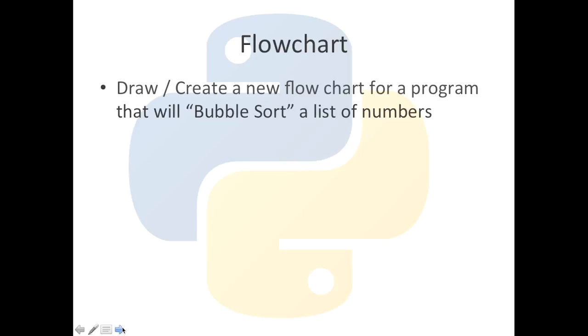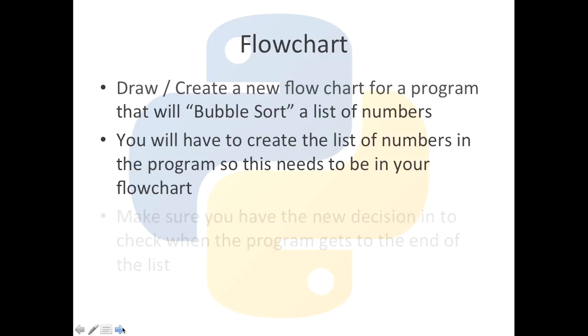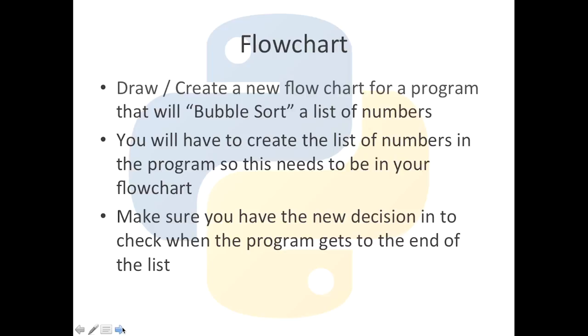So it's now your turn to draw or create, if you're using online software, a new flowchart for a program that will bubble sort a list of numbers. You'll have to create a list of numbers in the program, so this needs to be in your flowchart. Make sure you have the new decision in to check when the program gets to the end of the list.